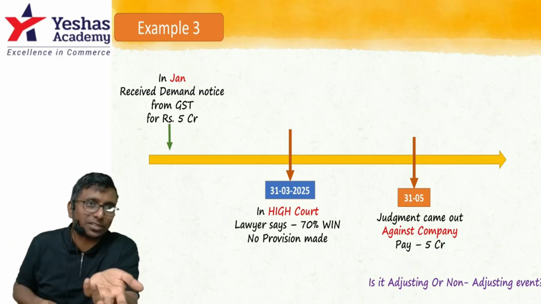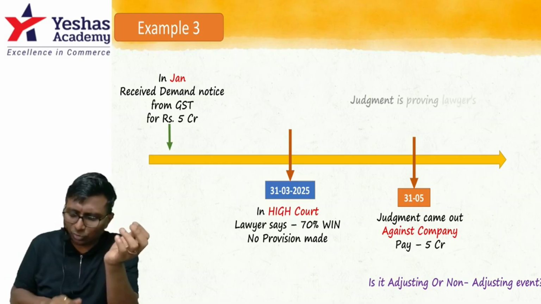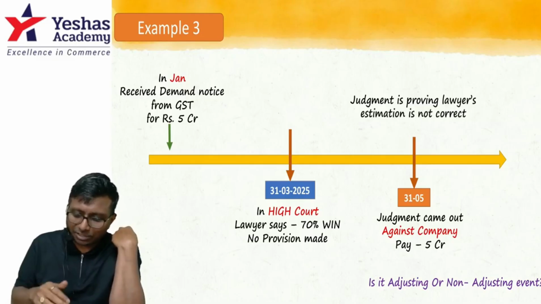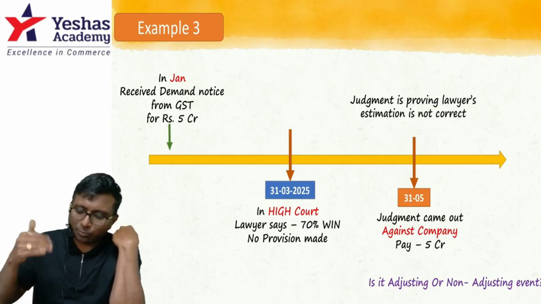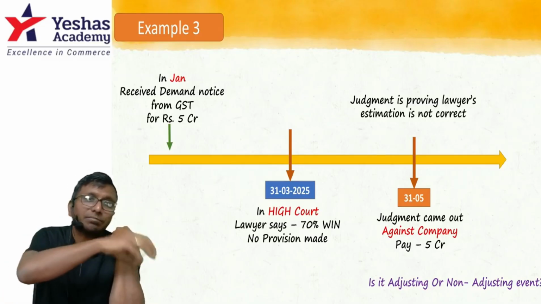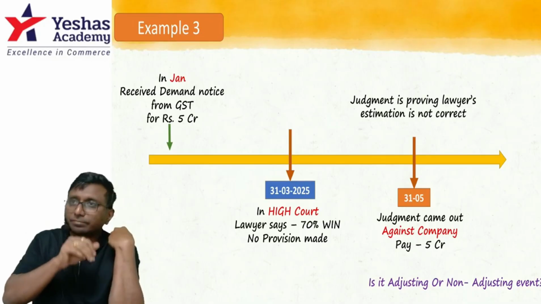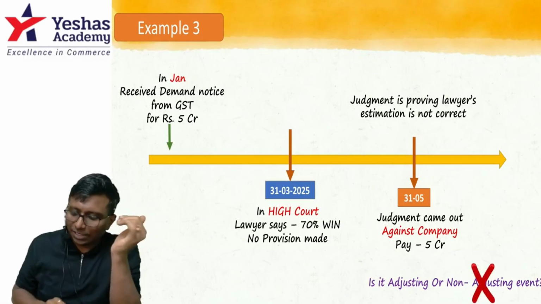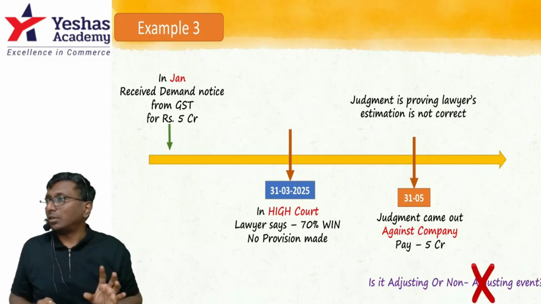Are we supposed to correct ourselves or not? Yes, we are supposed to correct. The judgment is proving that the lawyer's estimation was not okay. It is information about a condition that already existed; we were already fighting the case. So this is an adjusting event.